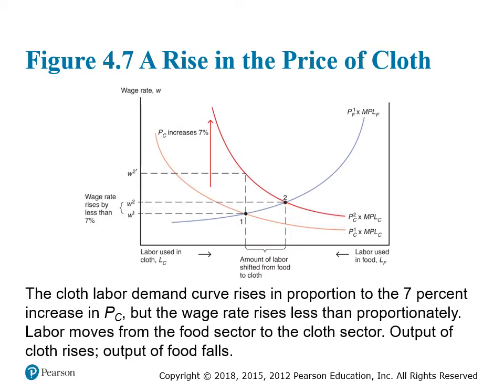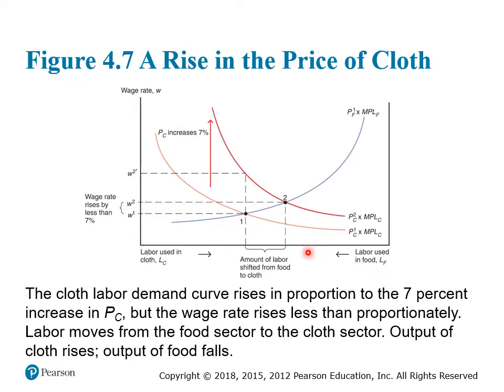And here you can see that when there is an increase in the price of cloth of 7%, the amount of labor used in cloth is increased from this point to this point. So before, only this much labor was used in production of cloth. Now because the price of cloth has increased, more people are being employed in the cloth sector, and these people are basically shifted from the food sector.